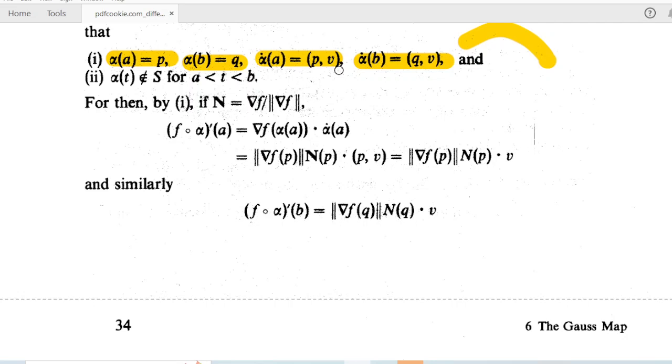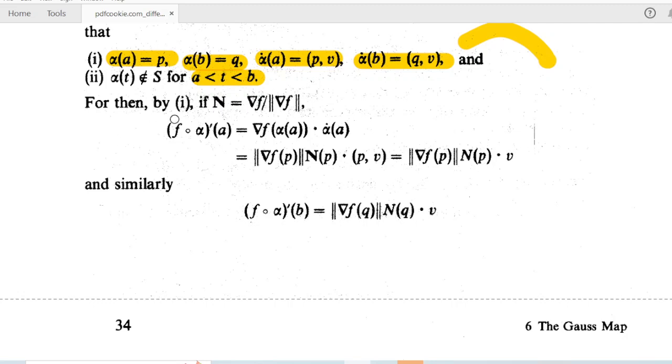So alpha of t is not on our surface only for t between a and b. That means at the point a and at the point b we can think that it lies on S.